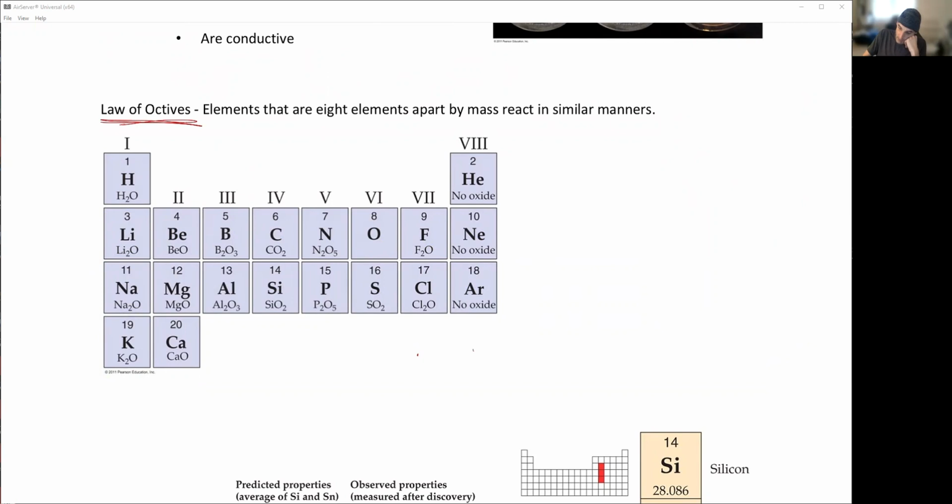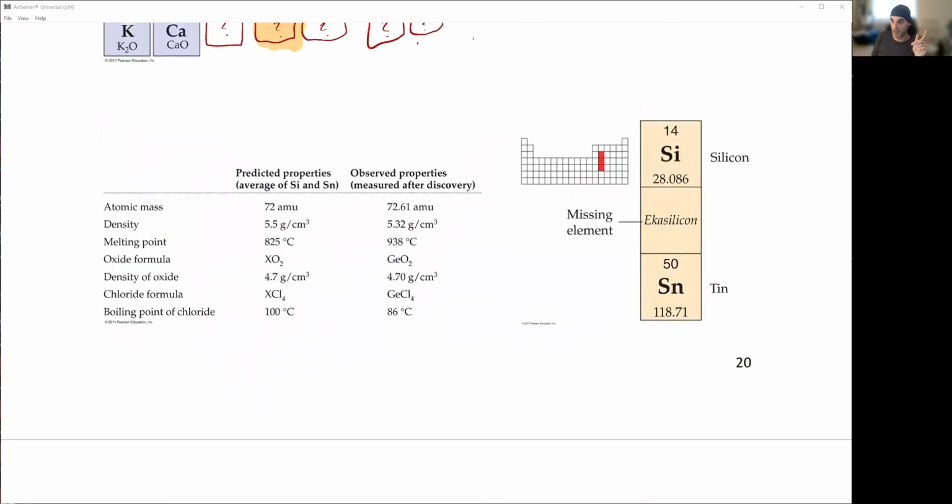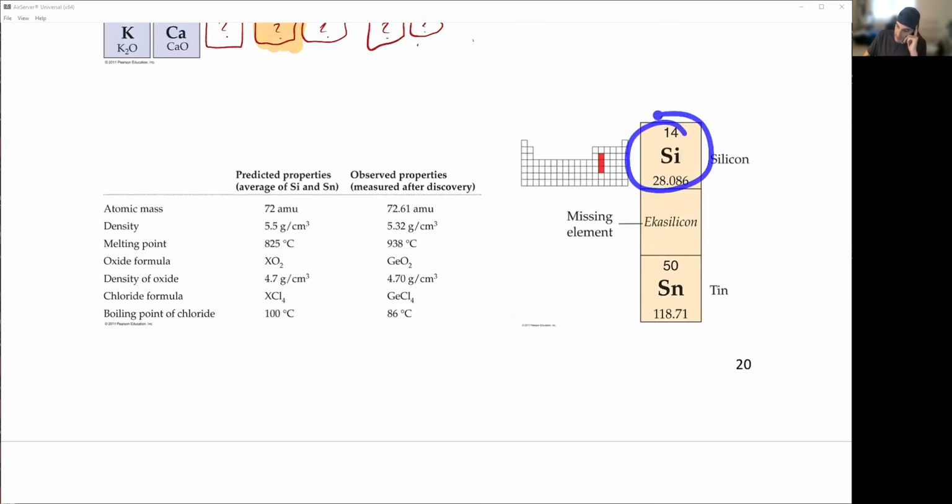And what he said at this point is, every time we get something new, we can start to place it based on the law of octaves. Even without being able to identify one, take a look at this highlighted one here. They had discovered silicon and they had discovered tin, and they knew based on positioning and atomic number that there should be something in between the two.